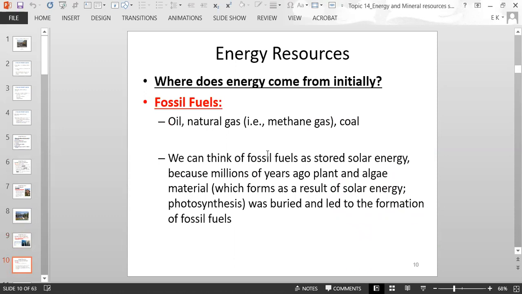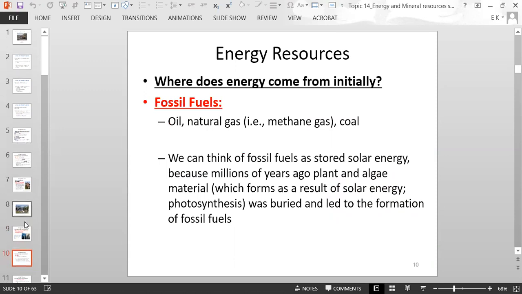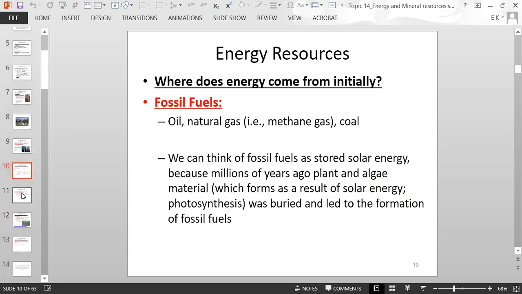And then we have fossil fuels, oil, natural gas, and coal. Natural gas contains methane. So we could think of fossil fuels as stored solar energy because millions of years ago, plant and algae material was buried and then led to the formation of fossil fuels.